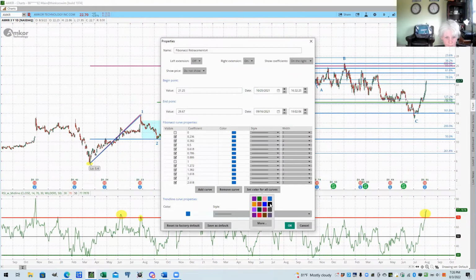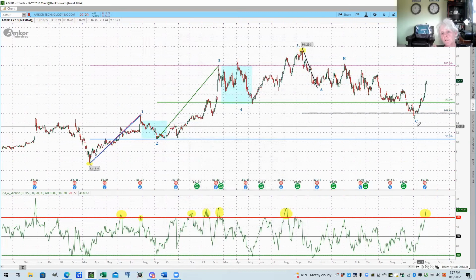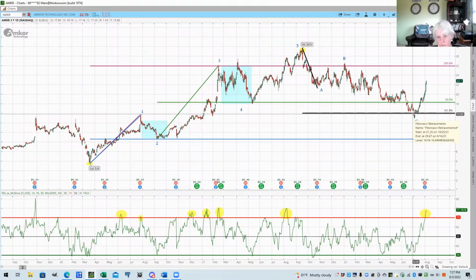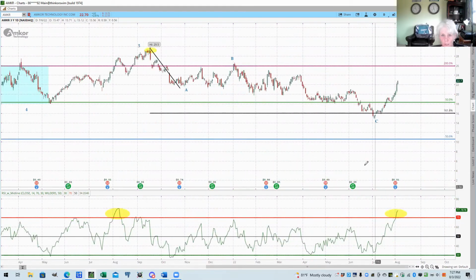I'm going to change the color. So this is the way I see this anyway. I see that we have found support in the bottom of this big correction at wave C, and we are on an upward trend now.